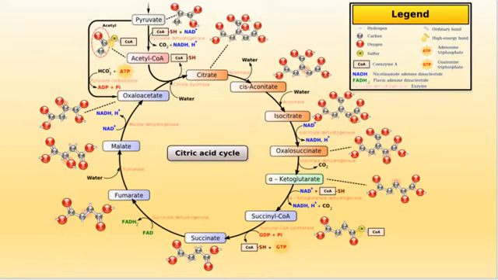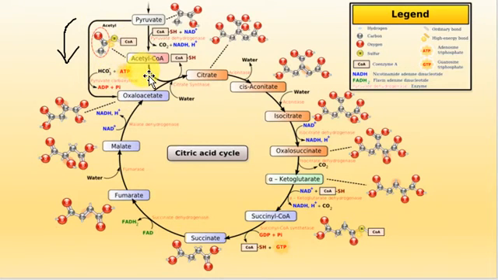Basically, the cycle starts from here, pyruvate, which is the end product of glycolysis, and oxaloacetate.